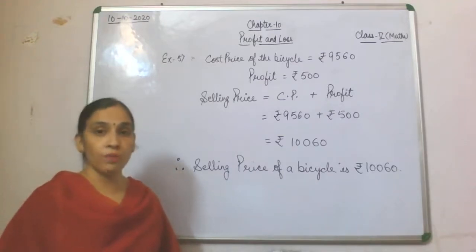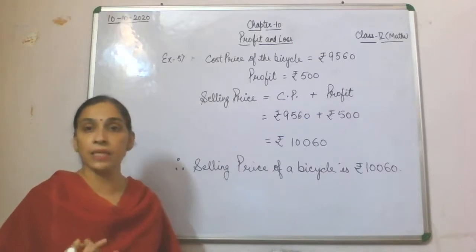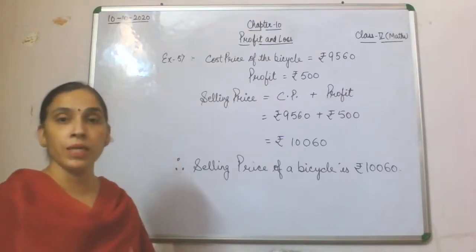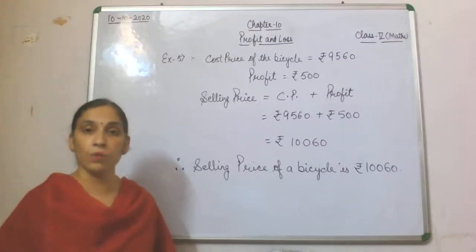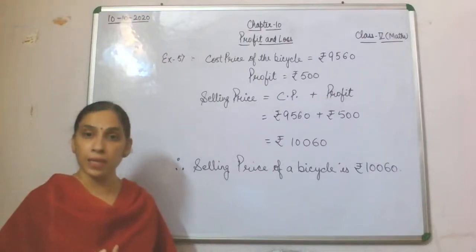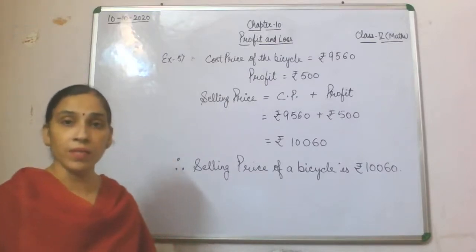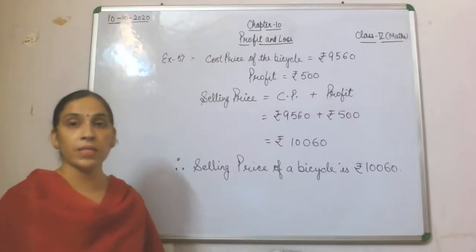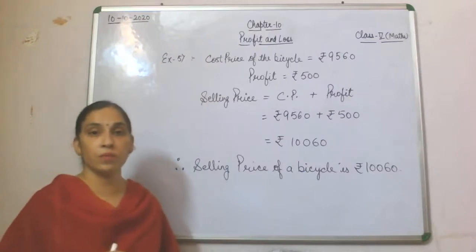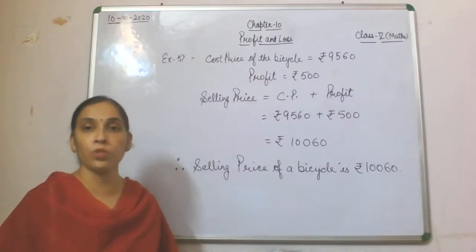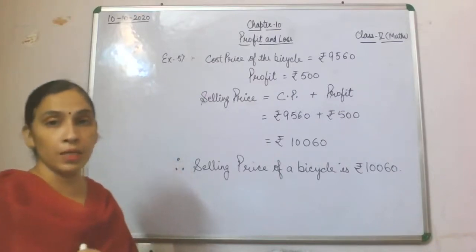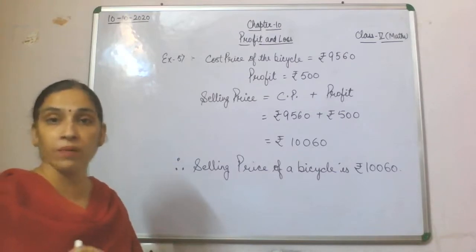First of all, we have seen the concept of how we will find the selling price in case of cost price and profit, and then how we will find the selling price in case of cost price with loss. After that, we have done this example 5 in which you have been given the cost price of the bicycle as well as the profit that the shopkeeper wants to make on that bicycle, that is rupees 500.